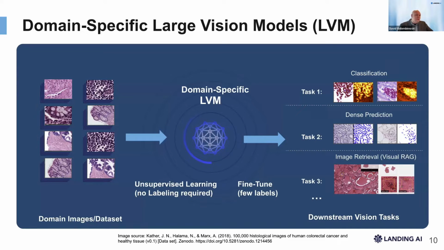Each large vision model is built for individual customers. They're tailored to you on your data. And as Erik said, the large vision model does not inherently do the downstream tasks like classification, dense prediction. It's used as a foundation to build those tasks later. And finally, those downstream applications, they're small and fast enough to run on the edge.